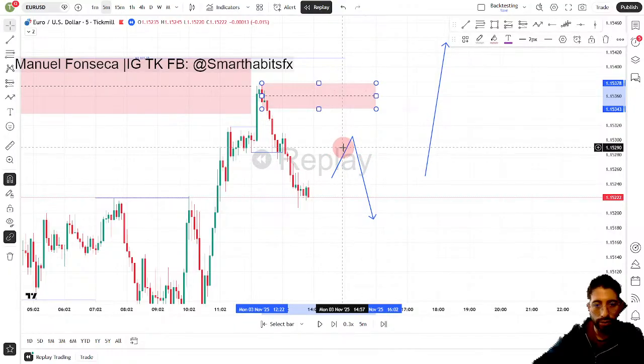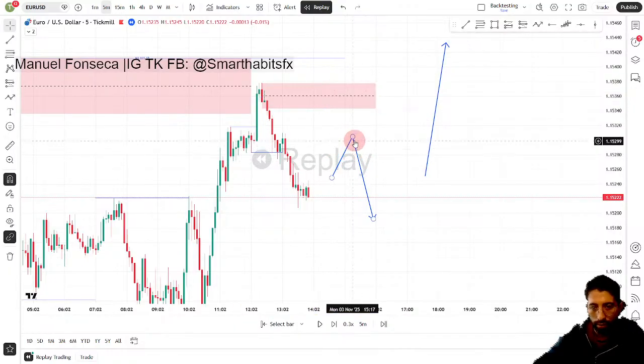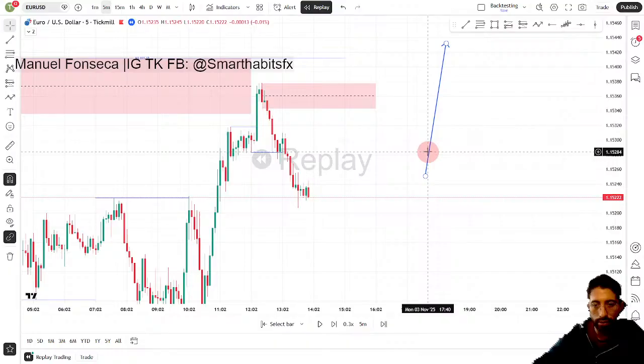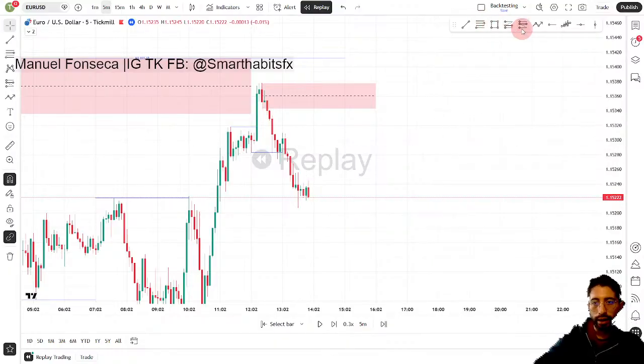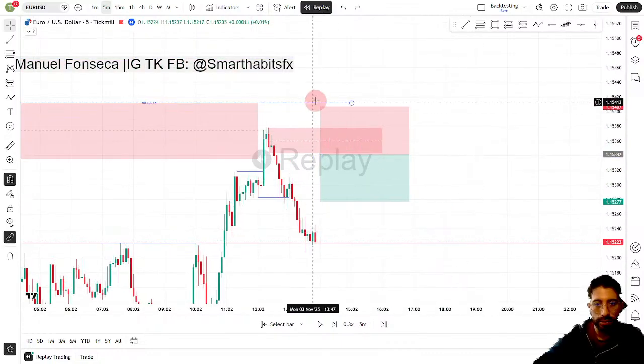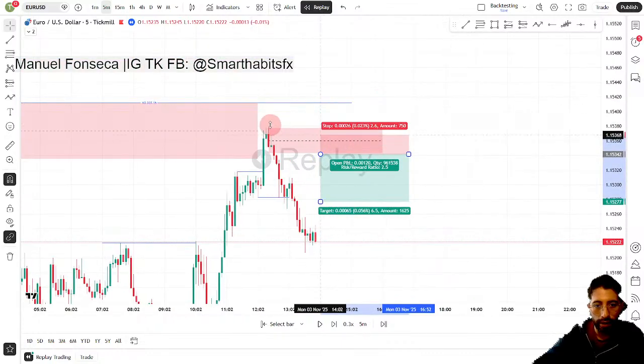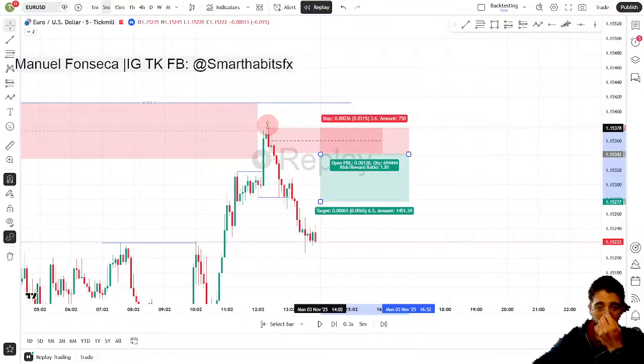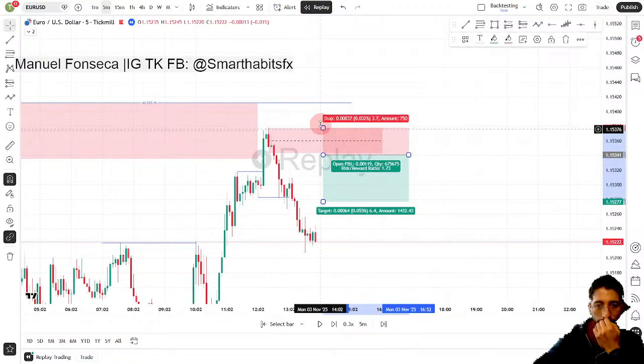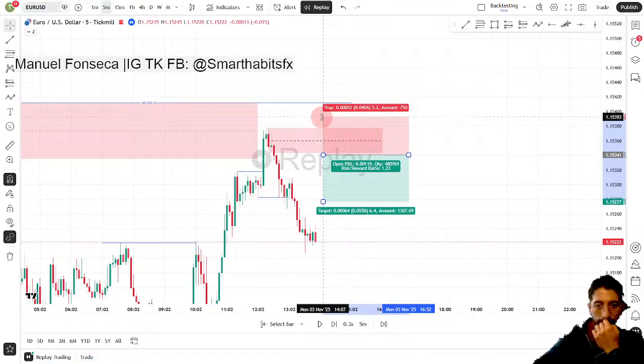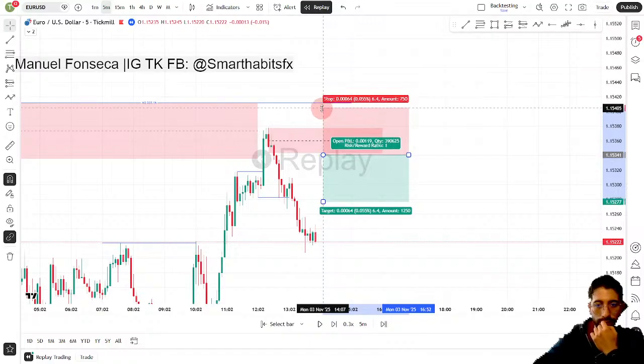Perfect. Now, this is what I would do: put a limit order. I put the take profit and the stop loss, and I assume 100% the result of this order. So here is 4 pips, and I'm gonna put 7 pips as a stop loss.